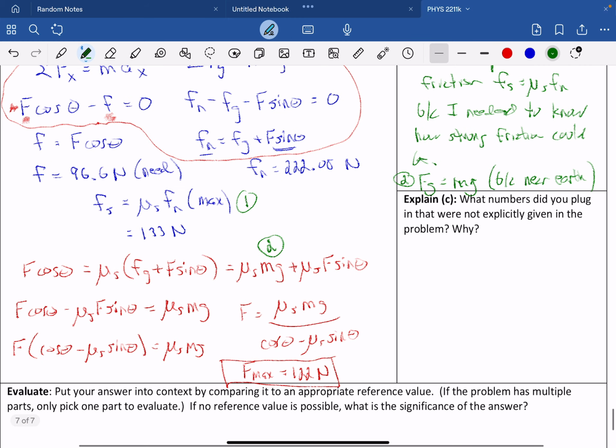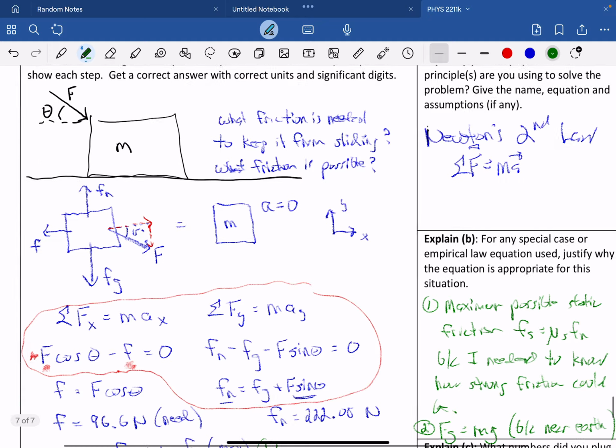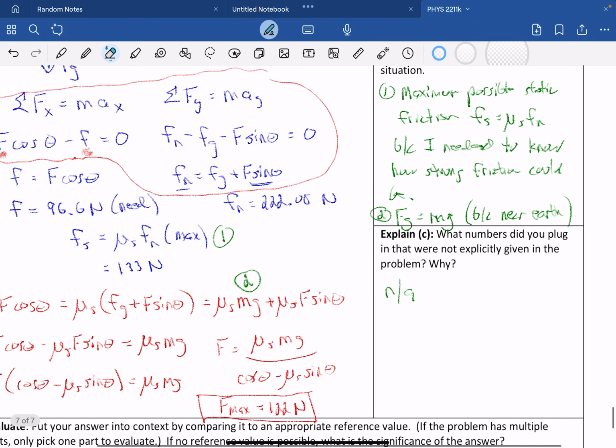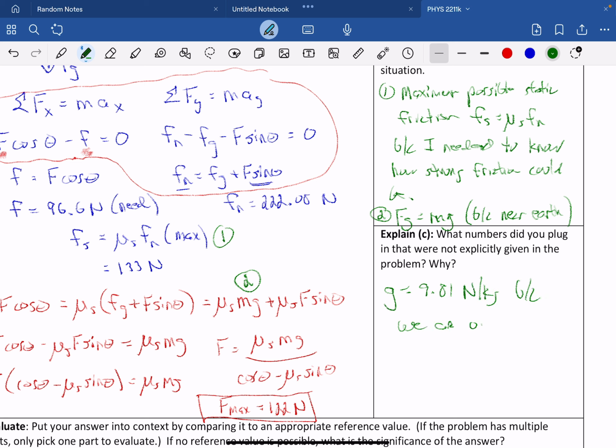Okay, did I plug in any numbers that were not explicitly given in the problem? I did not. The only numbers I plugged in were the coefficient of friction, the mass. Oh, I guess g. g wasn't given in the problem, so all right. g equals 9.81 newtons per kilogram because we are on Earth.